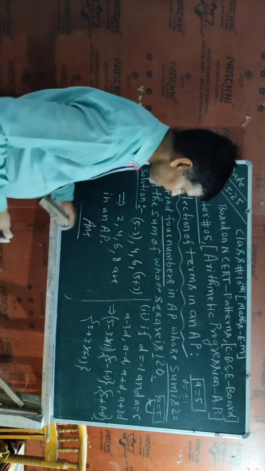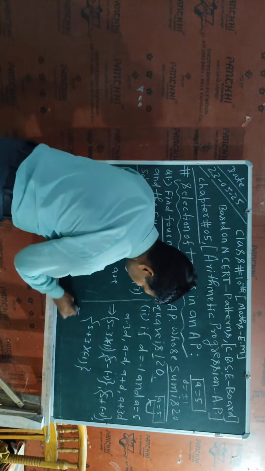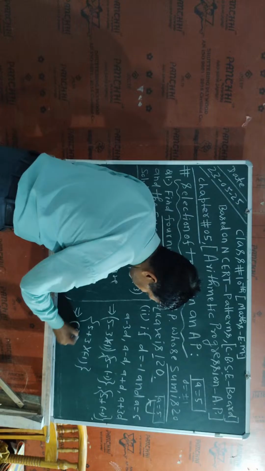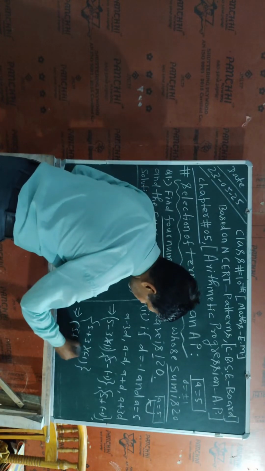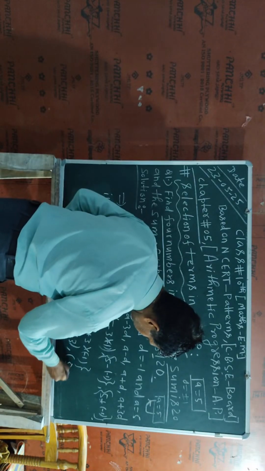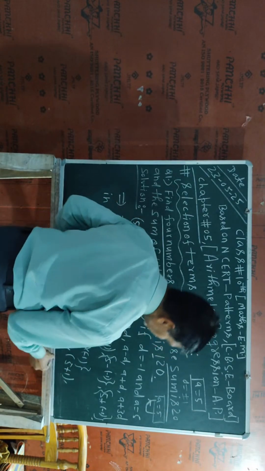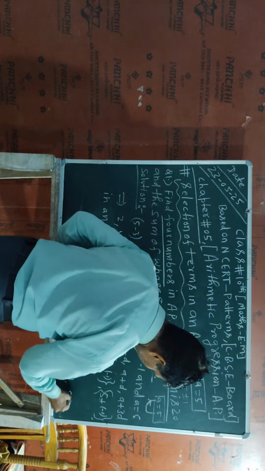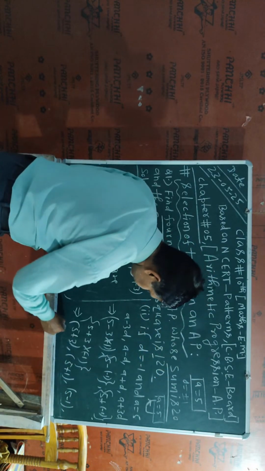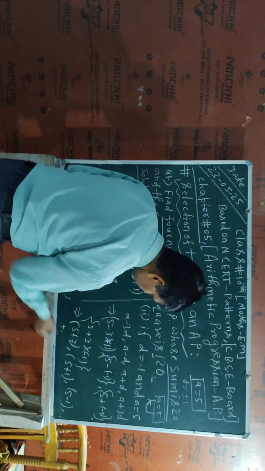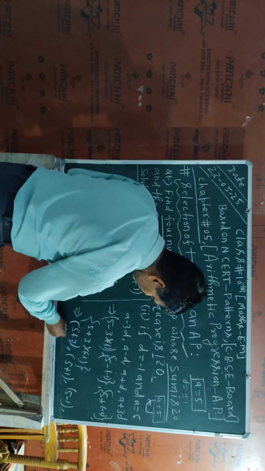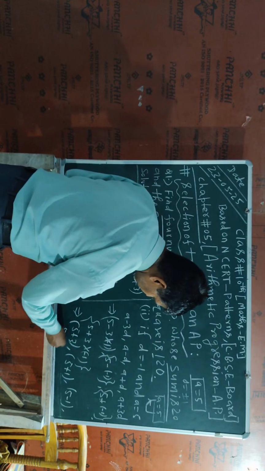After simplifying I will take this value. So I will write here in the bracket 5 plus 3 in the first bracket, and here will be 5 plus 1, and here will be 5 minus 1, and the fourth term will be 5 minus 3.